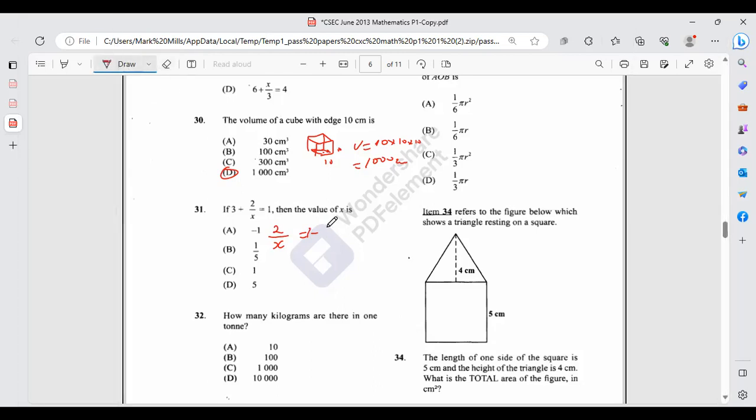Everybody see that? So this gives me 2 over x is equal to negative 2. Put this over 1, cross multiply. 1 times 2 is equal to negative 2x. Then you work it out. 2 divided by negative 2 is equal to x. What do we get? Negative 1.